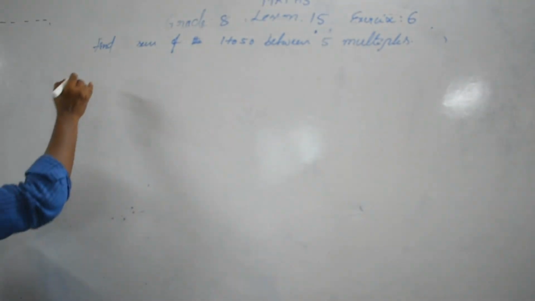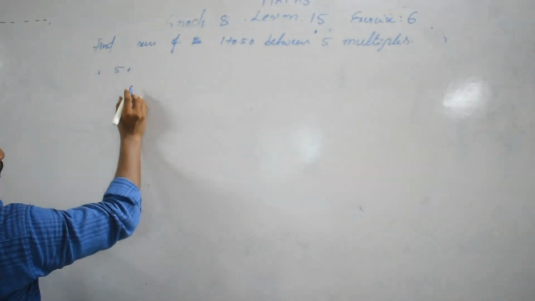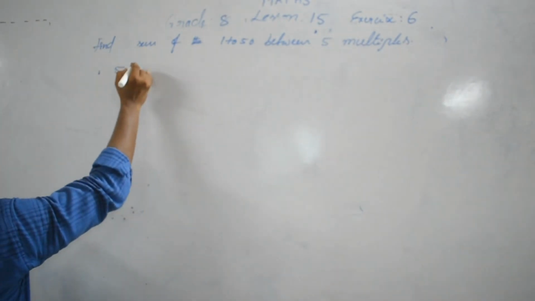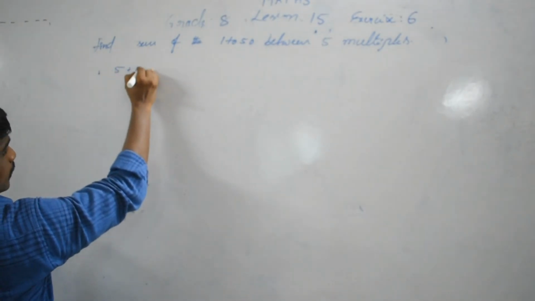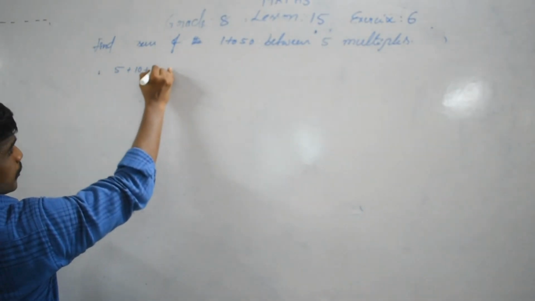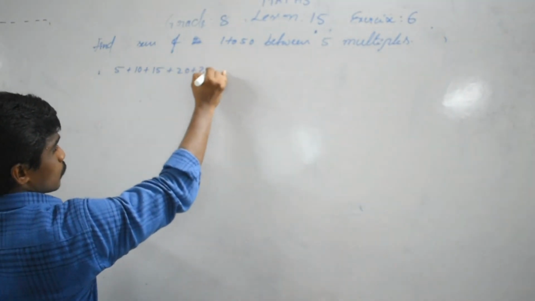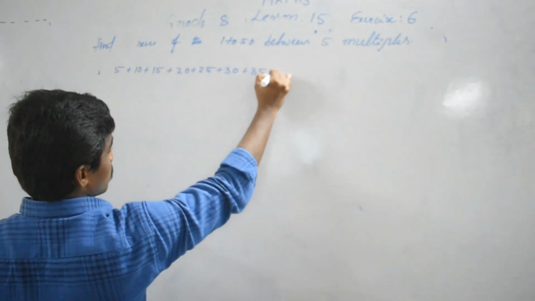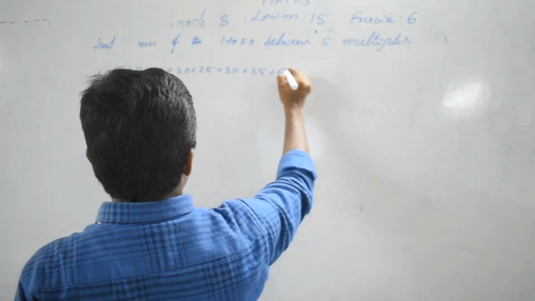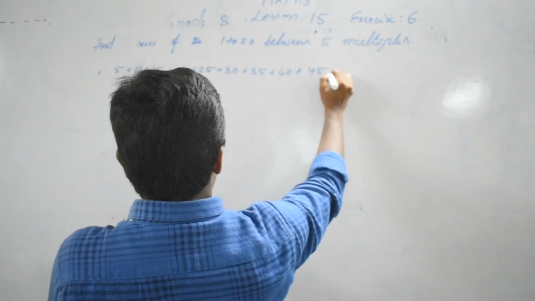So here 5. Next 10, 15, 20, 25, 30, 35, 40, 45, 50.